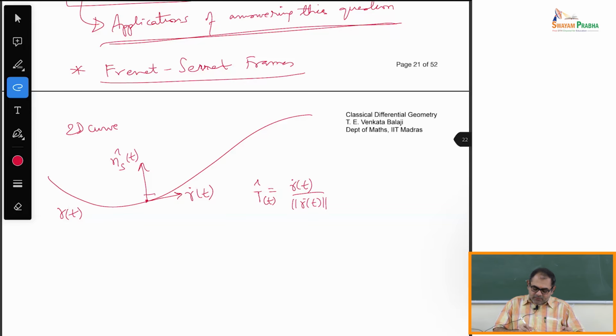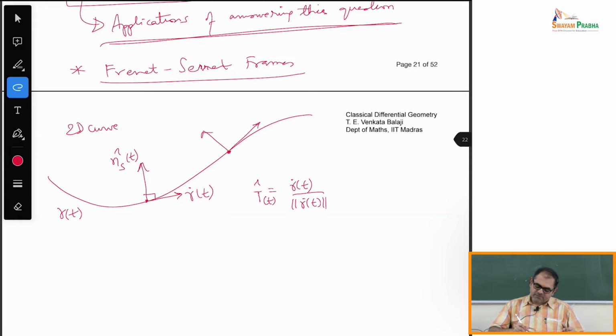And you see, these two are orthogonal. And this is a moving frame now, because it changes with t. At this point, I have taken these two. If I go to some other point, I'll get another set like this.